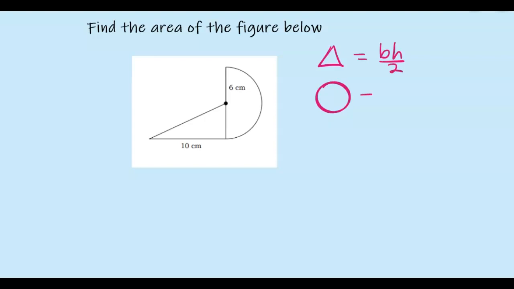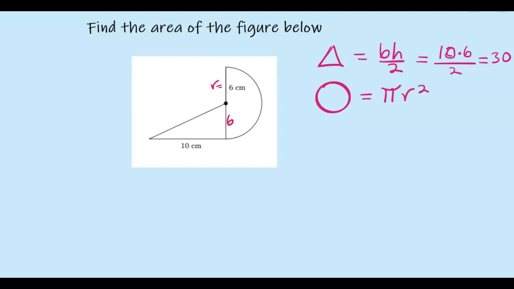The area of a circle, which we have also tackled in one of our previous videos, is pi r squared. So on the triangle, the base length is 10, and the height, this here is a radius, so another radius here will also be 6. The height of the triangle is also going to be 6. So 10 times 6, and then all divided by 2. 60 divided by 2 gives us 30 here.